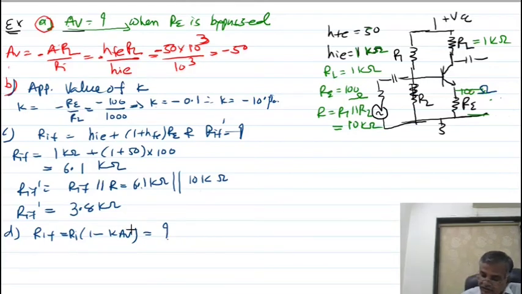So here let me use this. See here, we got 6.1 kilo ohm. Here K, I have taken 0.1. If I take 0.1, my answer is different, but let us take the exact value of K. K is nothing but the feedback factor.